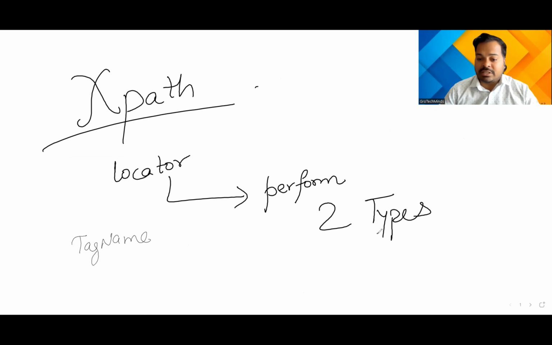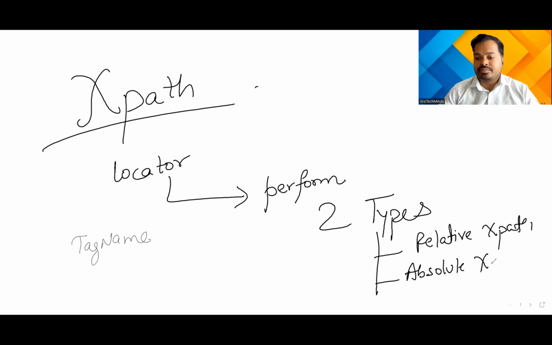And the two types of XPath are relative XPath and absolute XPath. The relative XPath and absolute XPath. I want you guys to write down the definition of absolute XPath, please.